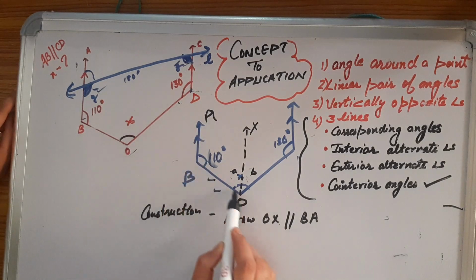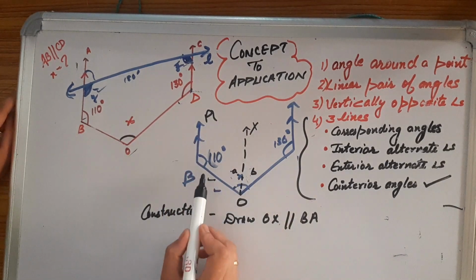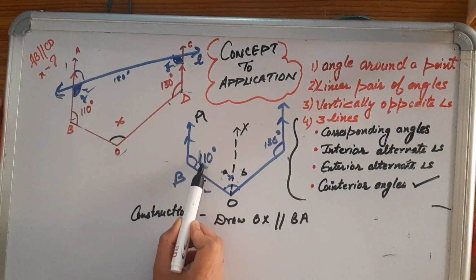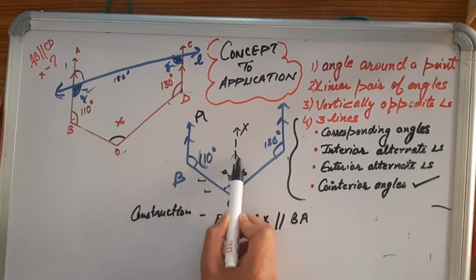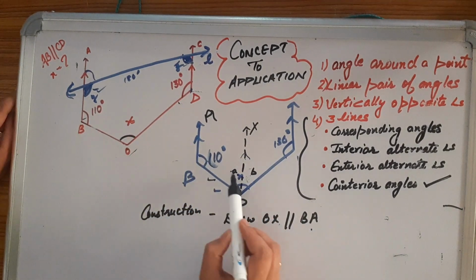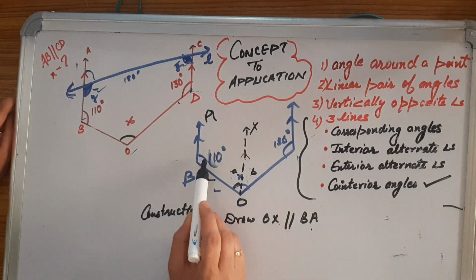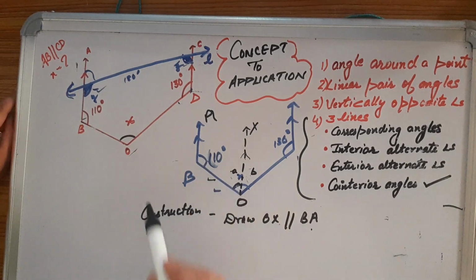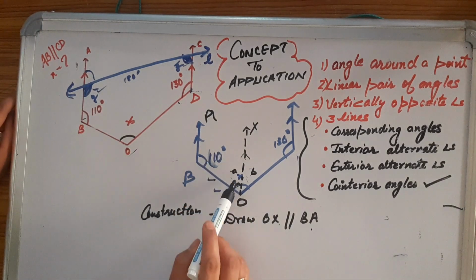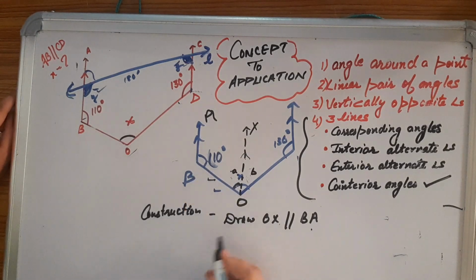Now we have our angles, and because we have drawn this parallel to BA, we can find this out now because they are co-interior angles, and their sum is going to be 180. Okay, so how are you going to write it?